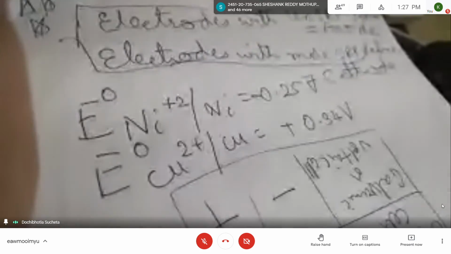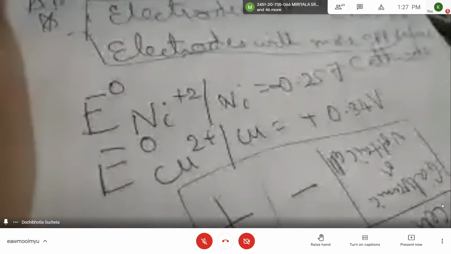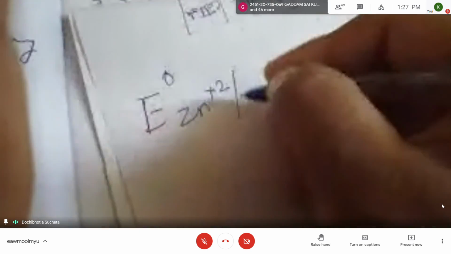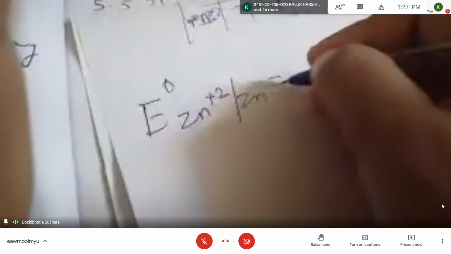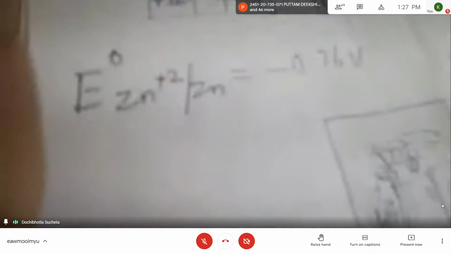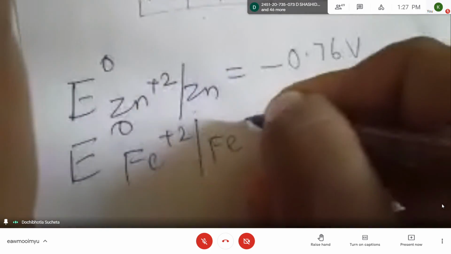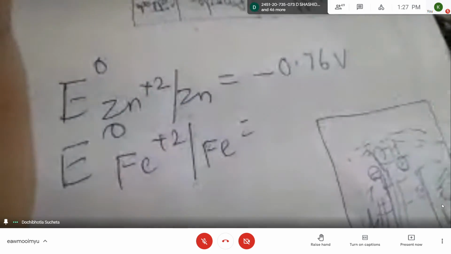Good. What's the next combination? Zinc and iron. Okay, write. E naught of Zn2+/Zn, that is the SRP value I'm writing, reduction potential, is minus 0.76 volts. Whereas E naught of Fe2+/Fe is equal to minus 0.44 volts.